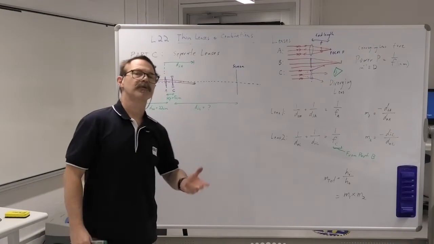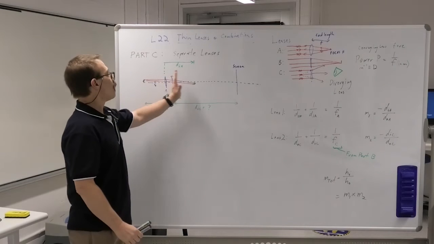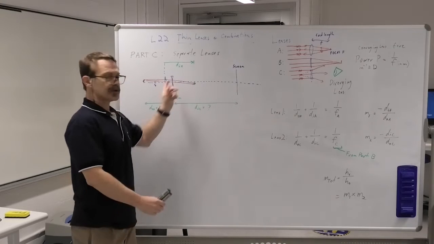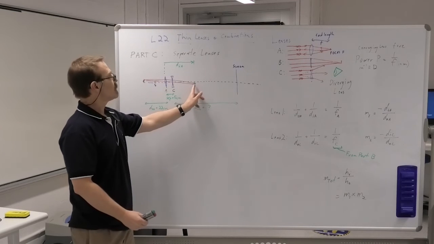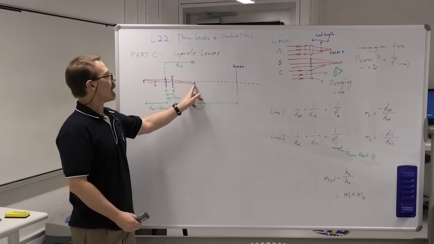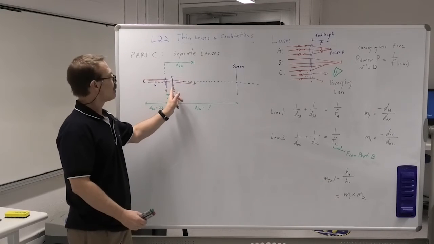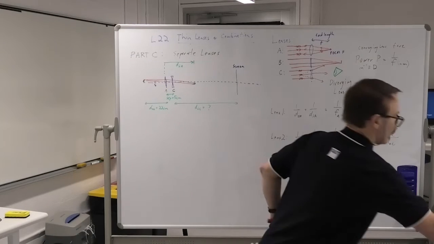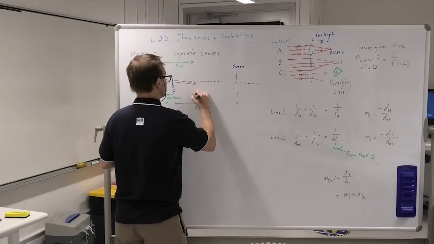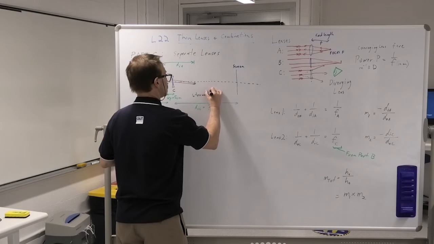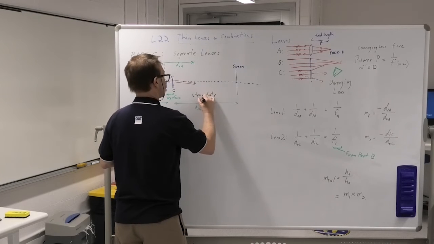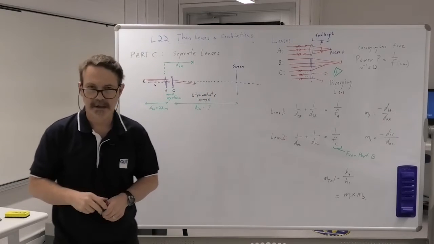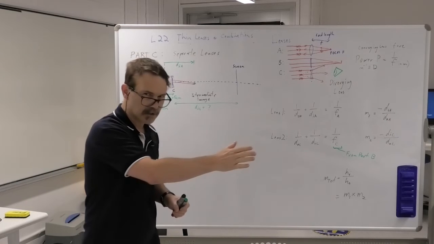Now, when we've got a system of lenses, the image that's formed by the first lens becomes the object for the second lens. So this image from lens A is now the object for lens C. It's an image and an object, so we call that actually an intermediate image, because it's both an object and an image. It's not the final image in the system that we got on the screen.